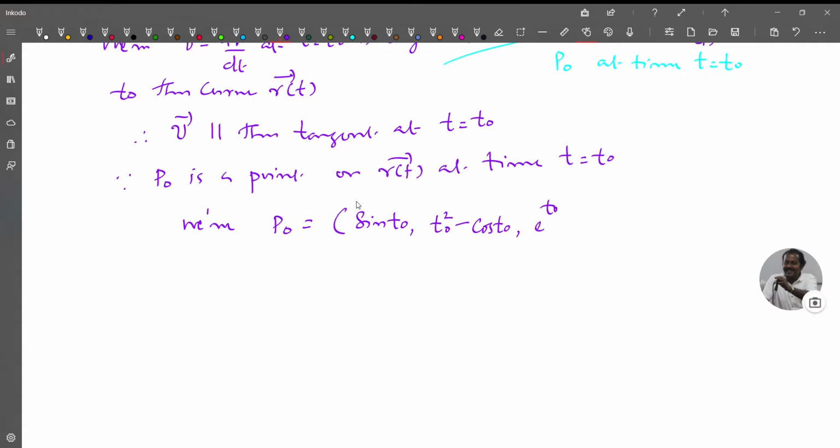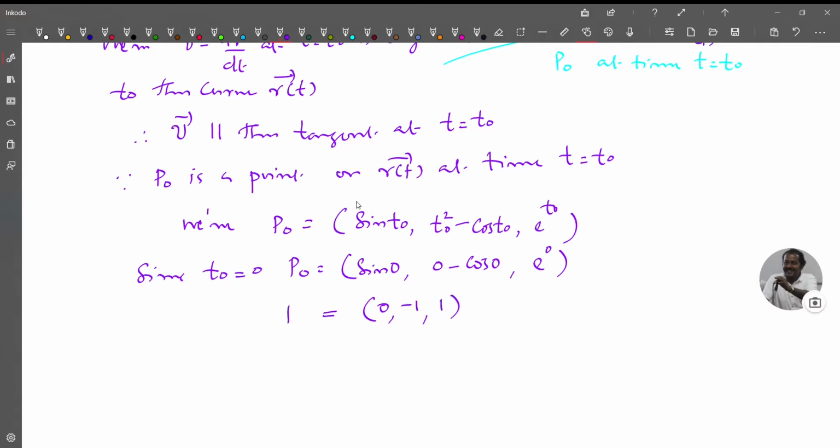So this is the point P naught. Now since t naught equal to 0, P naught is the point (sin 0, 0 minus cos 0, e raised to 0). So this is (0, minus 1, 1). This is our P naught.